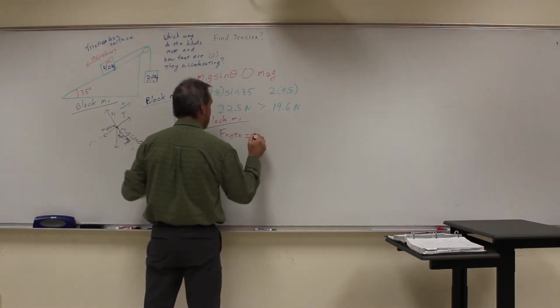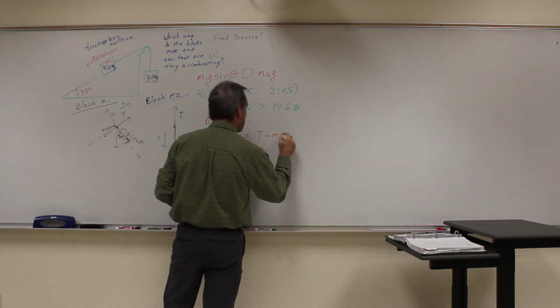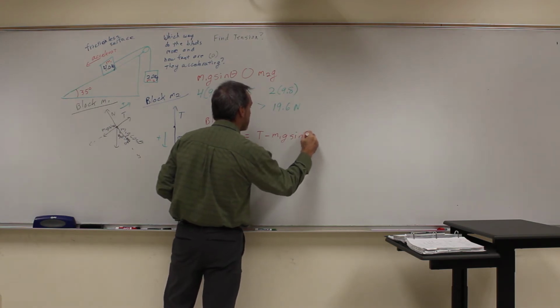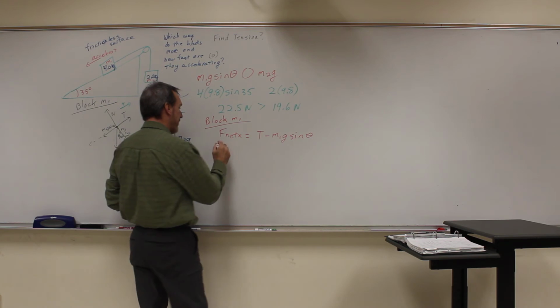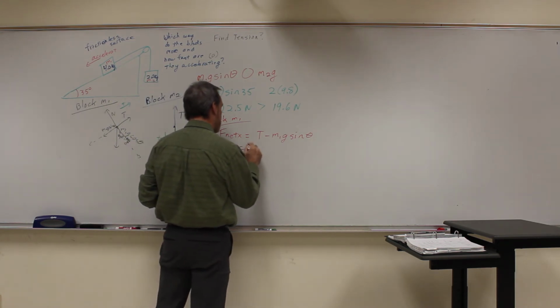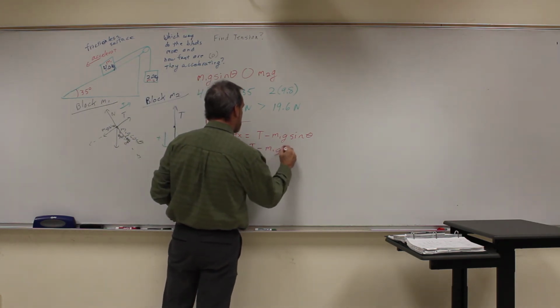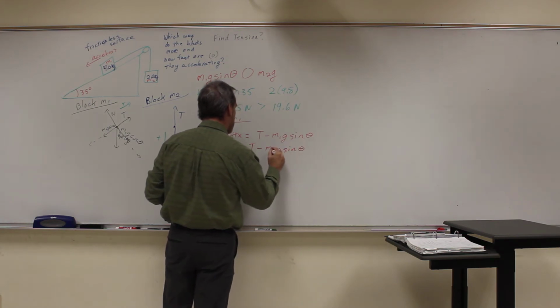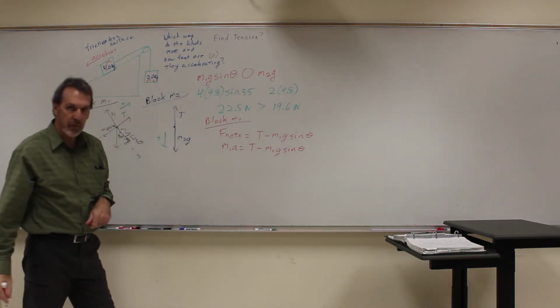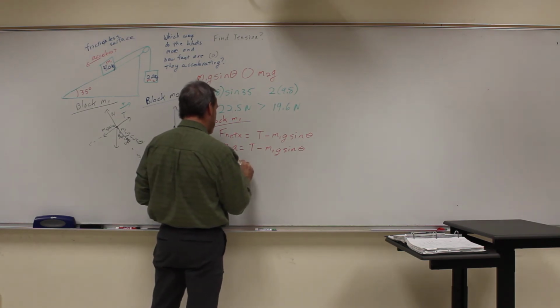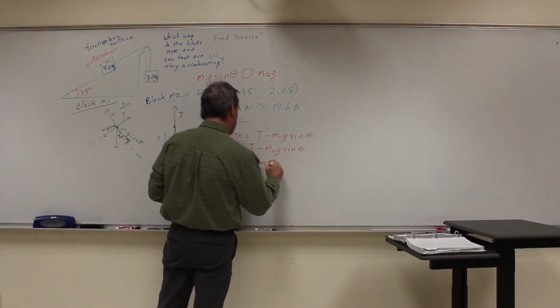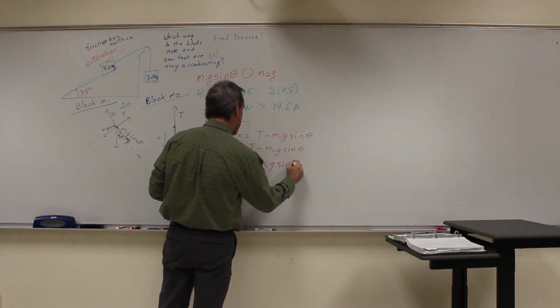F net x is equal to T minus M1g sine theta. But it's accelerating, so I replace F net x with M1a. Then I can solve this for T: T is just equal to M1a plus M1g sine theta.